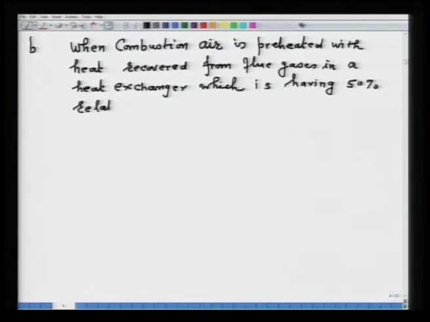This concept I already introduced to you in my earlier lecture on industrial furnace. So, this is an intelligent way you are capturing the heat and trying to reuse it. So, with that you are reducing the fuel requirement, bound to reduce, because of the amount of heat you are supplying now, fuel consumption will be reduced.